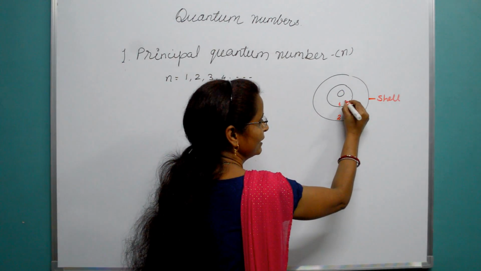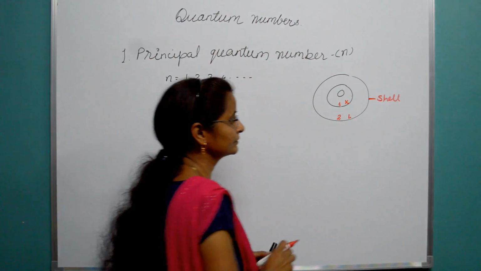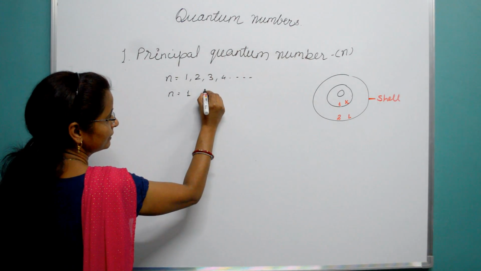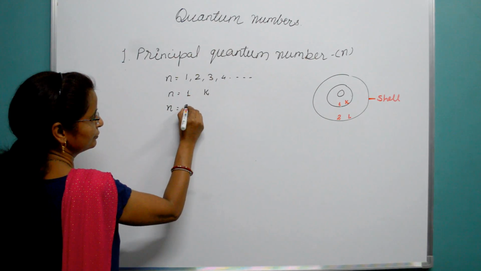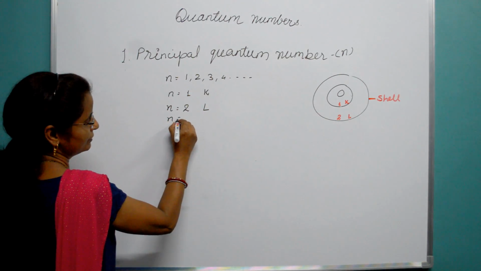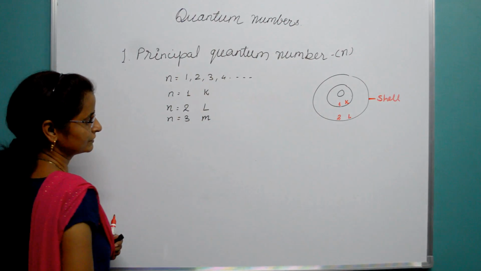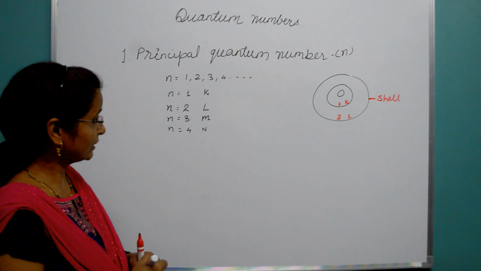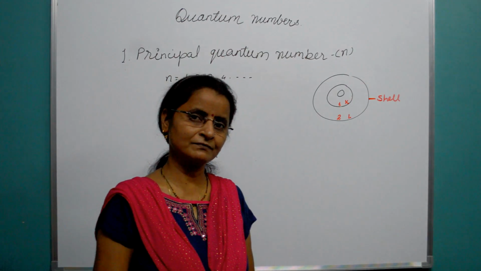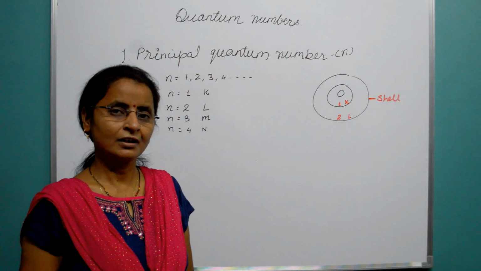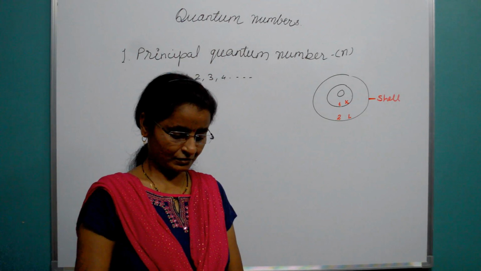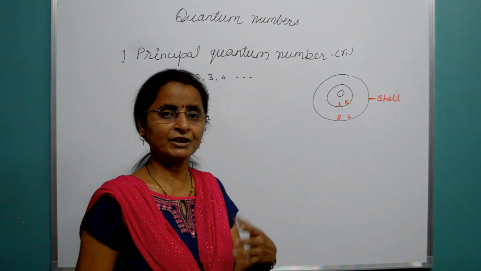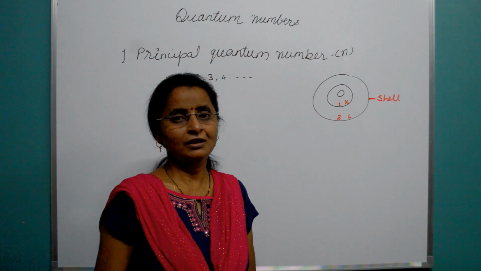If n is equal to 1, it is the first energy level, also denoted by the letter K, and the second energy level by L. So n equal to 2 means the second energy level, denoted by L, n equal to 3 means energy level M, n equal to 4 means energy level N. Like that we represent the different energy levels. The principal quantum number describes the energy or shell number, and it also gives an idea about the size of an atom, because depending upon the number of shells present in an atom, the size of the atom depends.